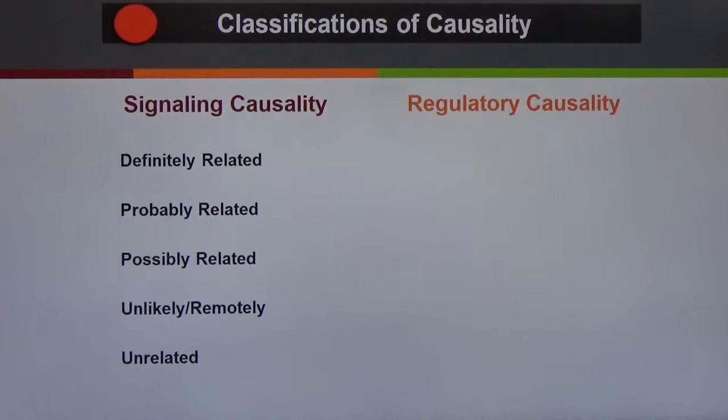When it comes to regulators, it's totally a different story. Everything is related. No matter how remote it is, as long as you say, oh, yes, it could be, then it's a yes to them. The only time it's unrelated is when the results show that it is irrelevant.